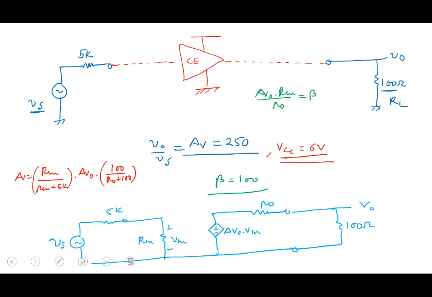That would be the overall gain, and you want this to be equal to 250. So do you think it is possible to obtain 250? Remember this constraint.